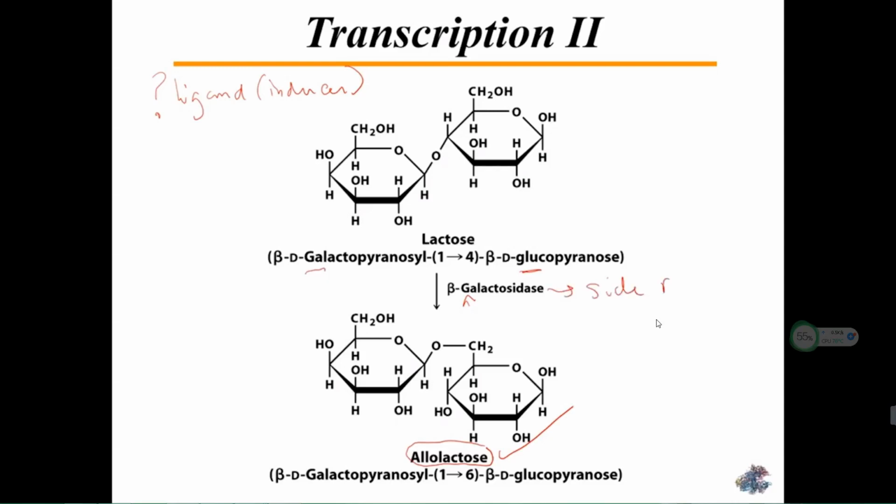And that side reaction is just really changing the glycosidic link between these two sugars from a 1,4 glycosidic link in lactose, to a 1,6 glycosidic link in allolactose. So allo refers to just another, it's the Greek word for other, so another structure of lactose, basically changing the glycosidic linkage.